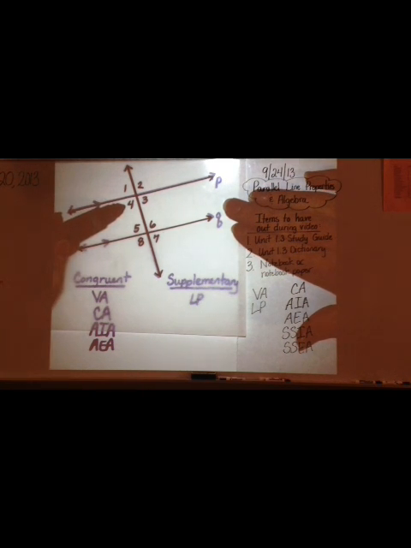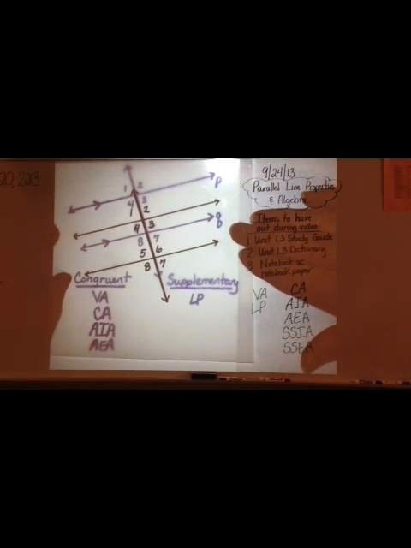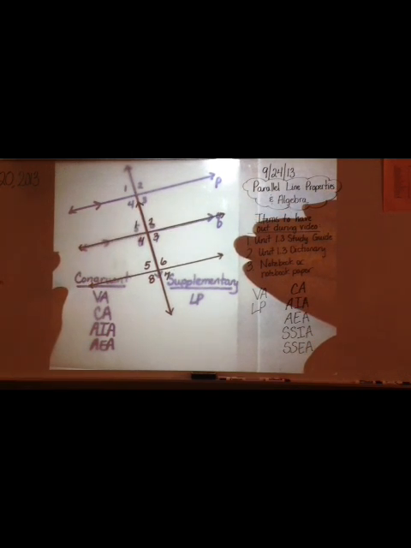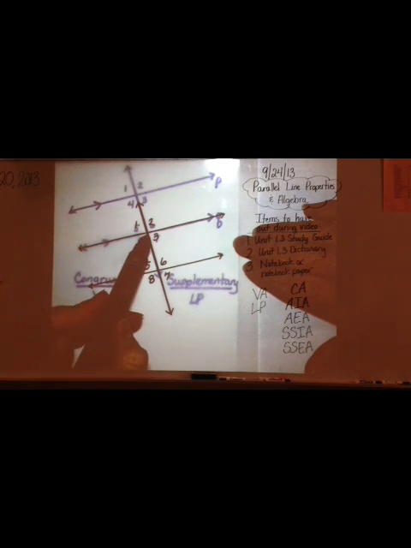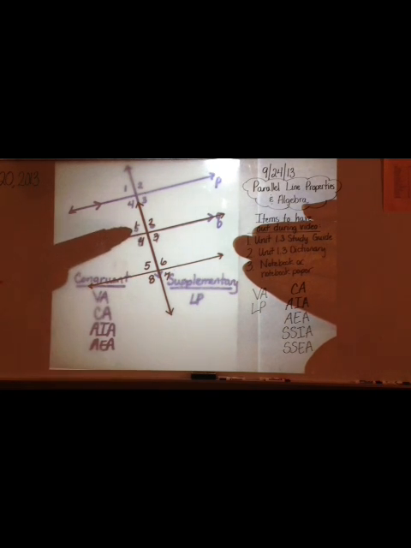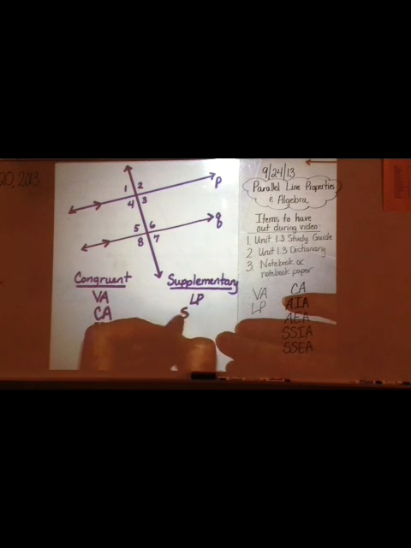Sliding angle 4 down, it does not sit exactly on top of angle 5, but if we continue that motion, stopping when the vertices overlap, we can see that angle 4 and angle 5 are adjacent and form a straight line. So angle 4 and angle 5 appear to be a linear pair and are supplementary. Please add same side interior to your supplementary list.